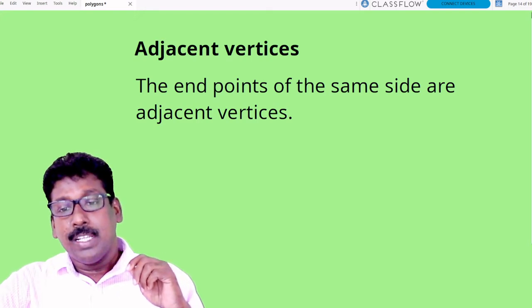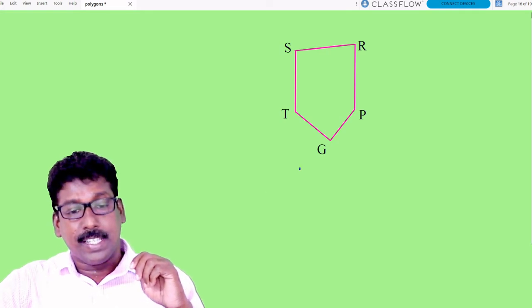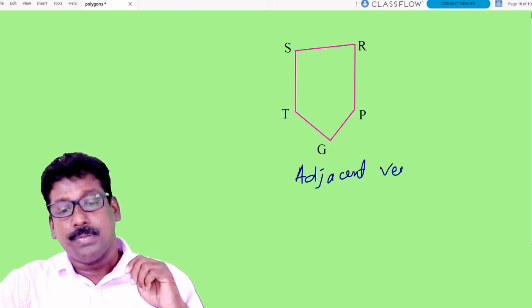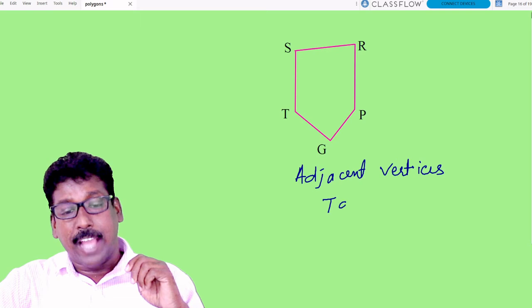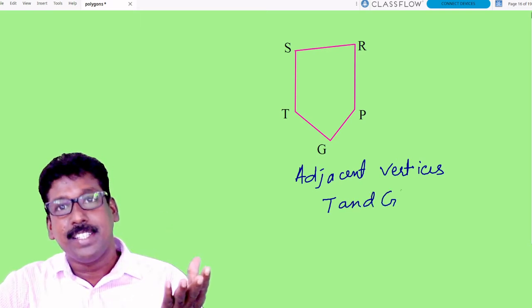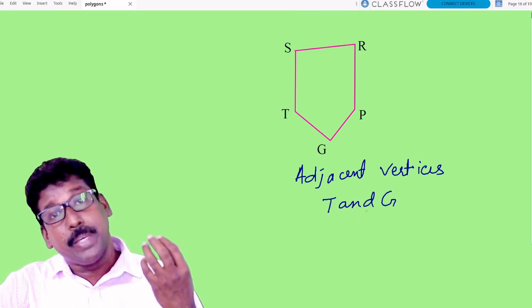Now let me take that polygon. What are the adjacent vertices here? T and G is a pair of adjacent vertices, we already discussed. Then what is another pair?